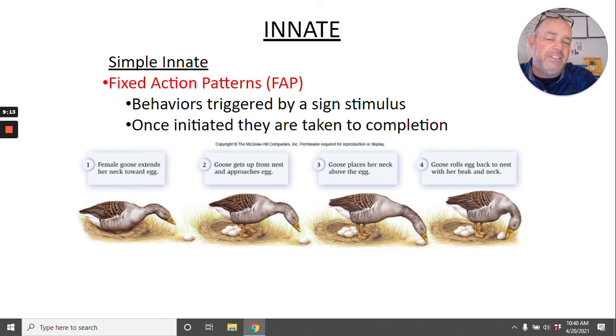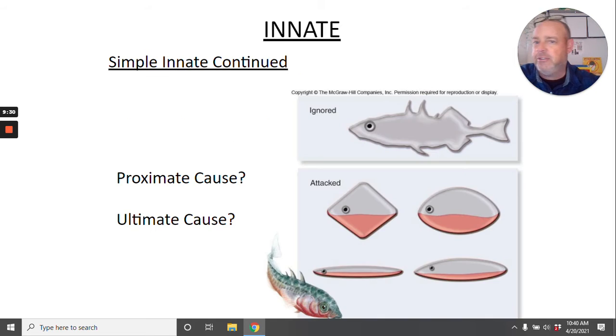The goose was just doing this in the air. So if you put the stimulus out there in front of the goose, she's going to go through the same pattern no matter if the egg is there or not. It's just once the stimulus is there, then this is the trigger to complete the pattern. There's no way that goose can stop itself from doing this. Okay? So it's a fixed action pattern.